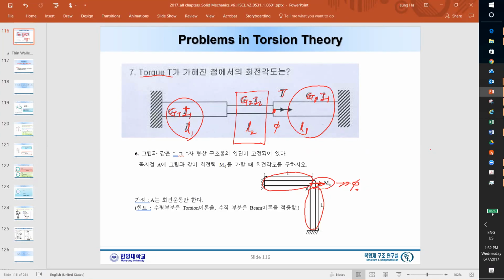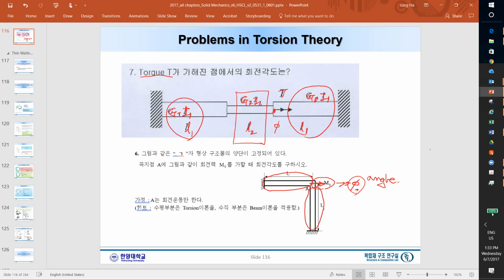Again, the question is how much it rotates, how much it twists where we apply the moment. How much is the twist, the rotational angle? That's the one we want to calculate.